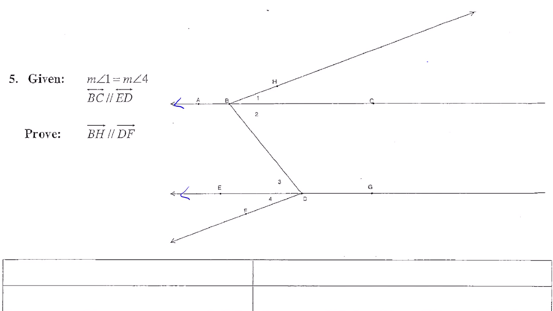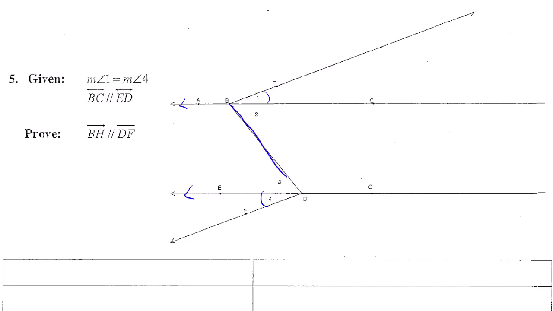Okay. So if these two lines are parallel, these two angles are congruent or equal at this point. The measures are equal. So if these two lines are parallel, then that opens up the door for some alternate interior, exterior, that kind of thing, right?